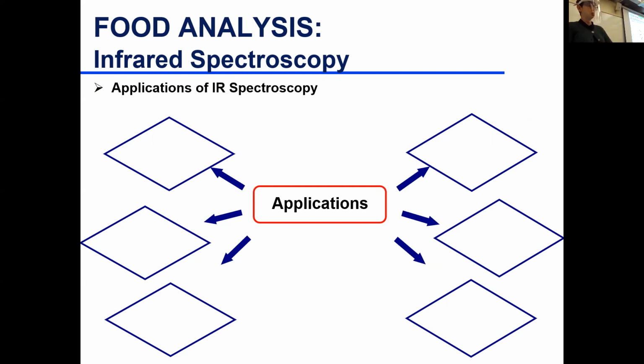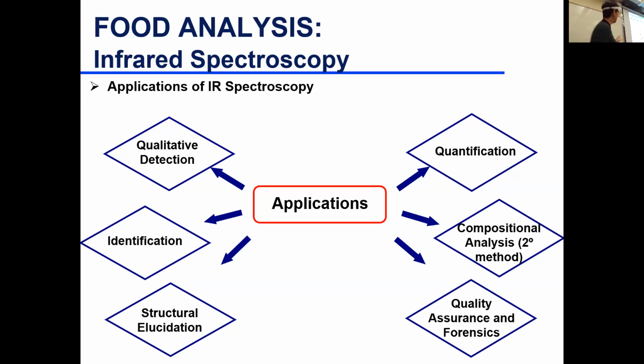For quality, after milling, we quickly measure moisture content using IR. During processing of milk into cheese or yogurt, we look at fat content and protein content. So qualification, identification. There are a bunch, so I'm not going to go through all of them with you guessing. So qualitative detection and quantification. We can do both.